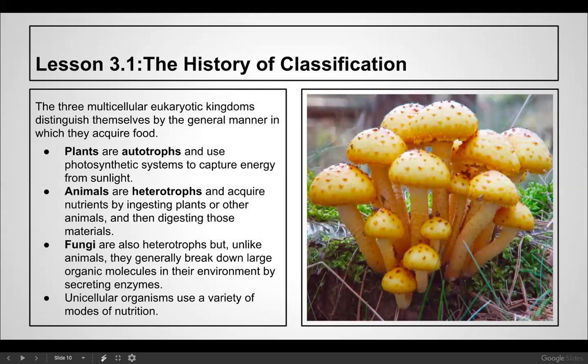Animals are heterotrophs and acquire nutrients by ingesting plants or animals and then digesting those to get the energy from them. We can't go lay down in a suntanning bed and feel like we are full. We don't have that capability like a plant does. Fungi are also heterotrophs, but unlike animals, they generally break down large organic molecules in the environment. They're decomposers. Unicellular organisms use a variety of modes of nutrition.